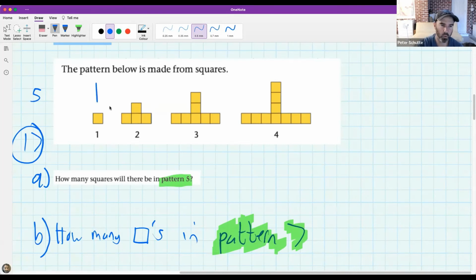So this is 1, this is 4, this is 7, this is 10. So how many squares are there going to be in pattern 5? That's what I want you to think about. That's A. And then how many boxes will there be in pattern 7?